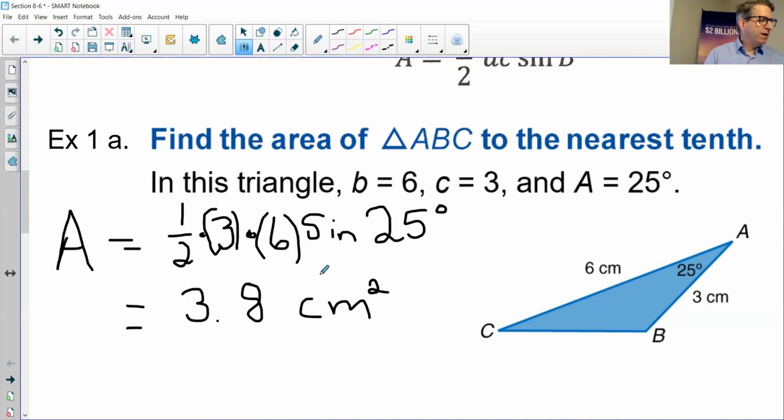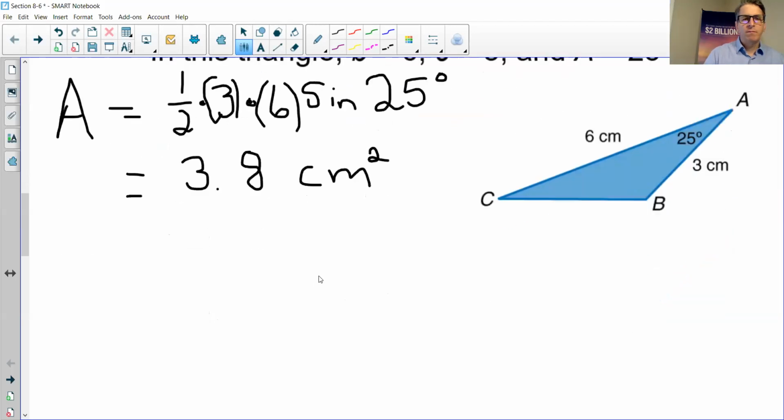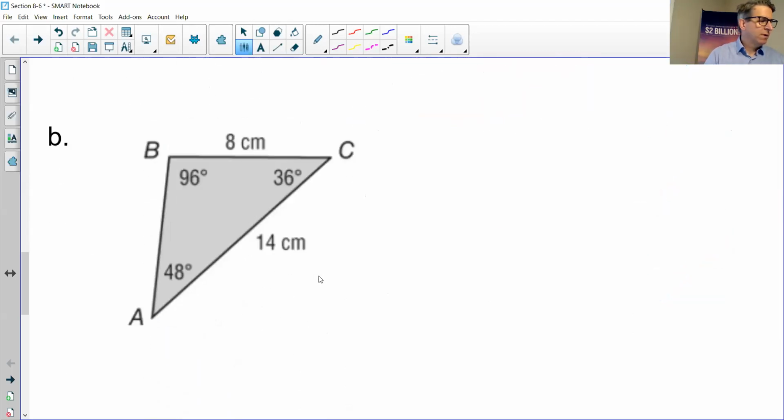Example 1B. We have 8, 36 degrees, and 14. So we're using this angle of 36 degrees and then the two sides.